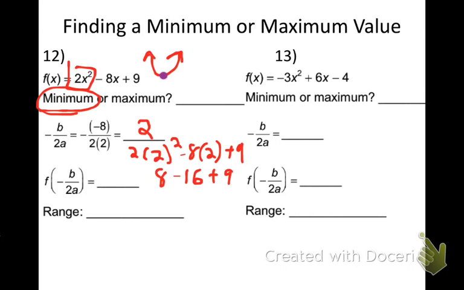Sorry, 8 minus 16 plus 9 gets me 1. Okay? So my range or my minimum value will be y is greater than or equal to 1. Because my graph goes up, that 1 value is right there. So I'm taking all of the values higher than it because that's the minimum value. So everything higher than that works.